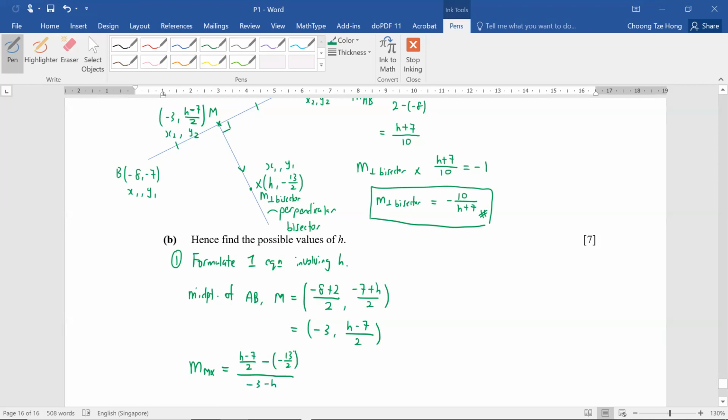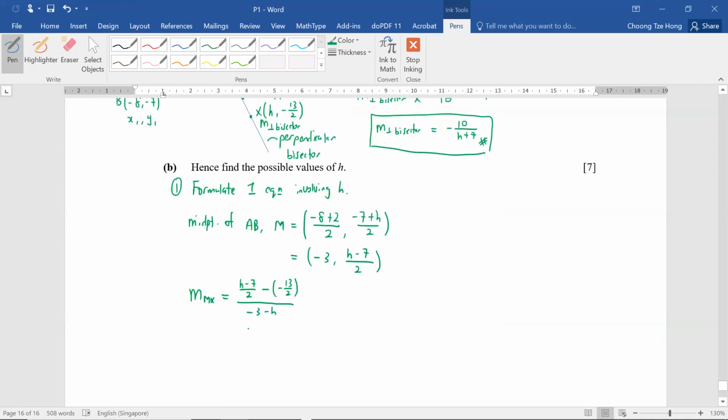So let's simplify this. This will become (h - 7) over 2 plus 13 over 2, over -3 minus h. Then the same denominator we can combine already, so it essentially becomes (h plus 6), -7 plus 13 over 2, over -3 minus h.